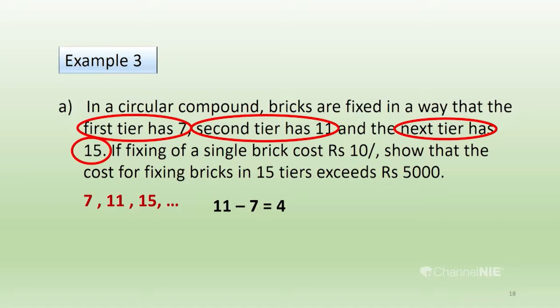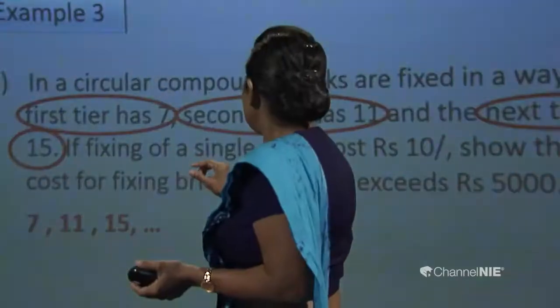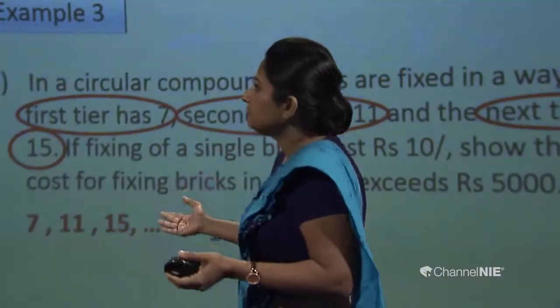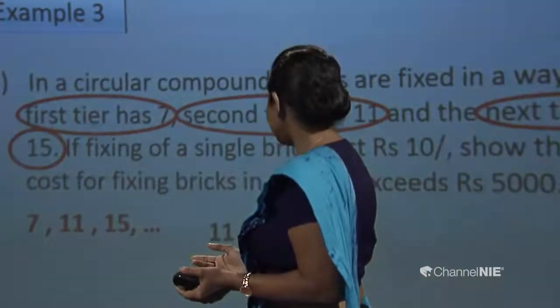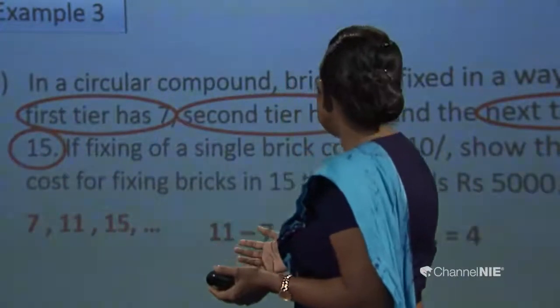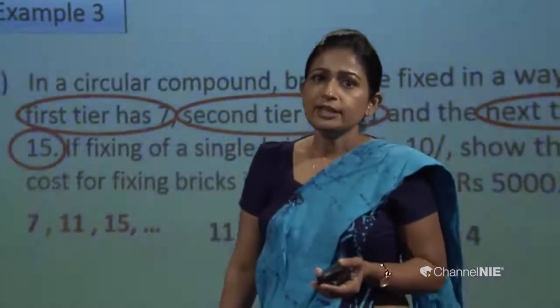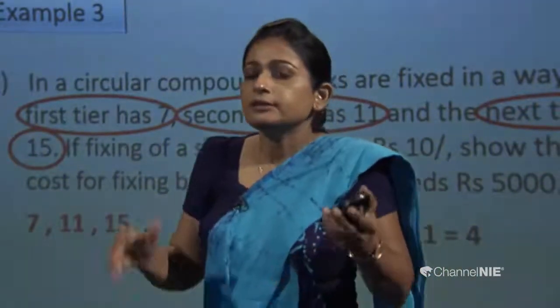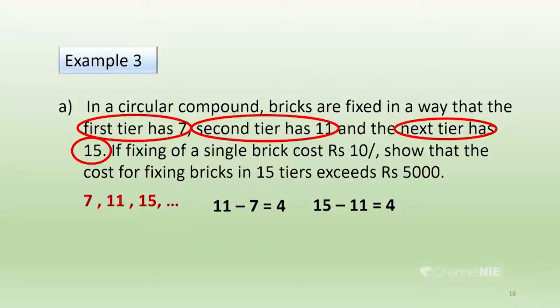But from that alone I can't say this is an arithmetic progression, because there are other terms and we have to check their difference too. Then I select another pair, 15 and 11. The difference is 4. So both times I got 4 as the difference.